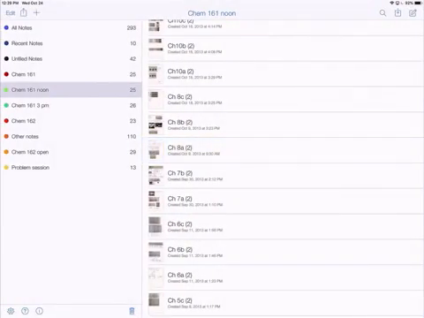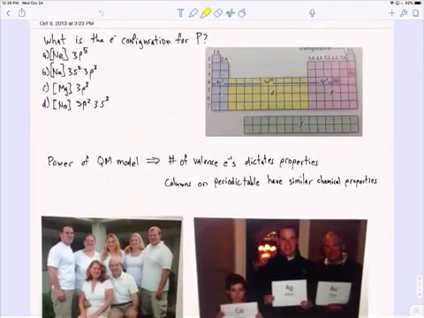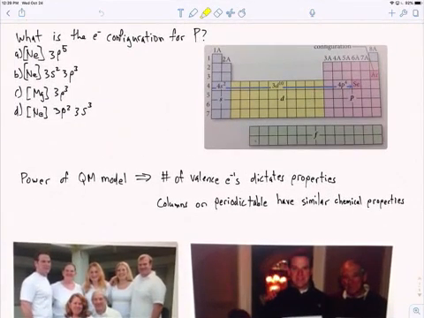All right. Now let's see how you can follow. So, what is the electronic configuration for phosphorus?